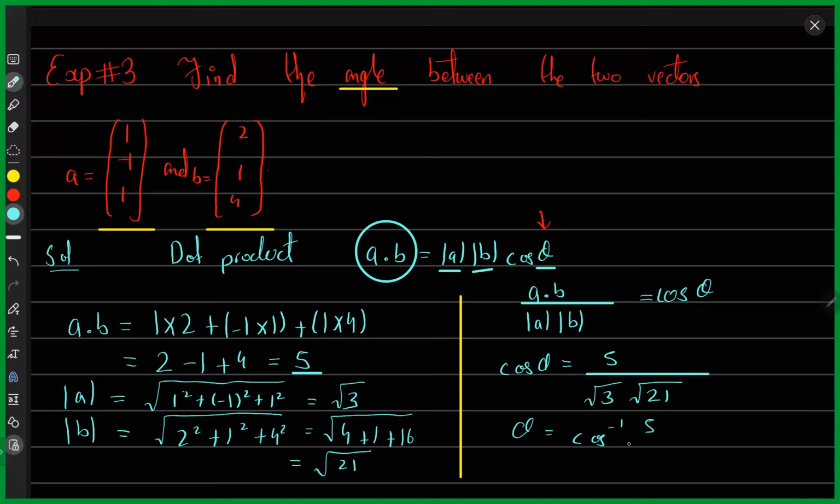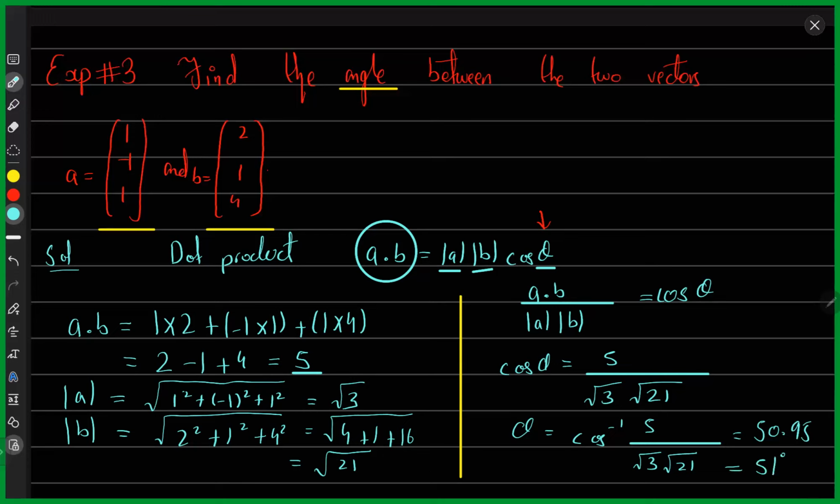So this thing is going to be 50.95, and we can write it as 51 degrees correct to 1 decimal place.